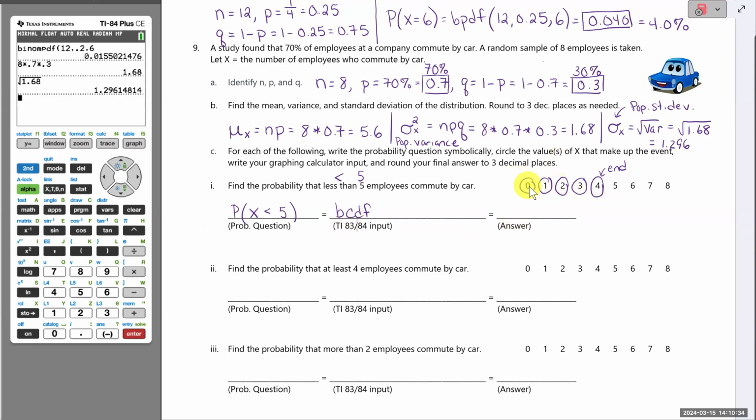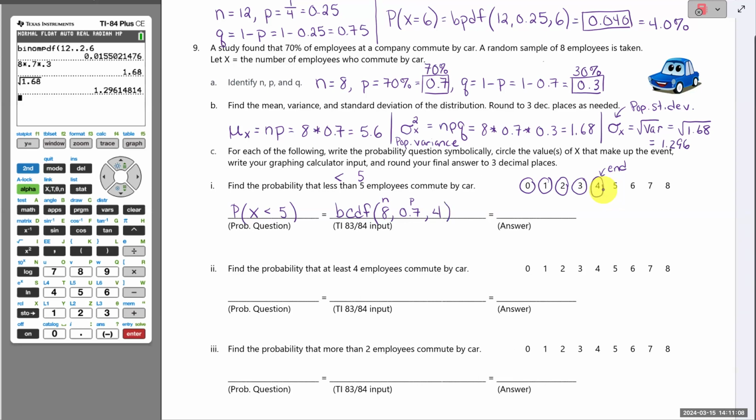If we start at no successes and continue up, we'll just need to tell the calculator that we want to end the accumulation at 4. So we want N first, so that was 8. There's our N. And then P was 0.7. Now the third value I know is going to be 4, because that's where I want the accumulation to end.